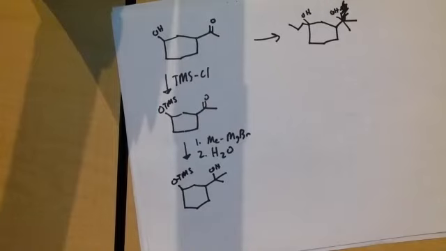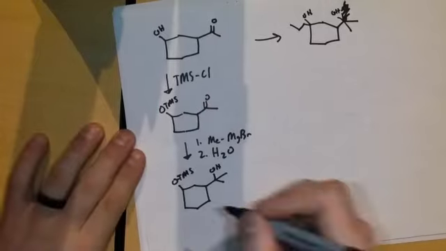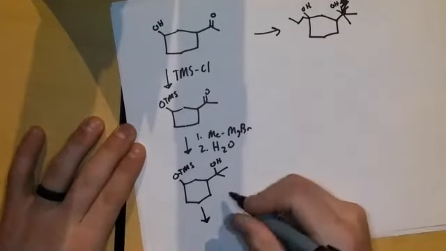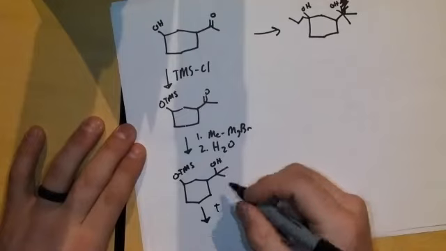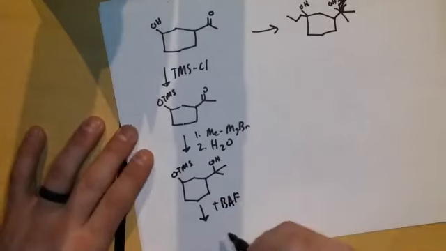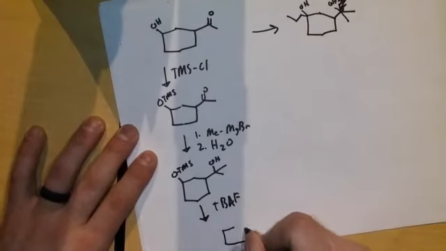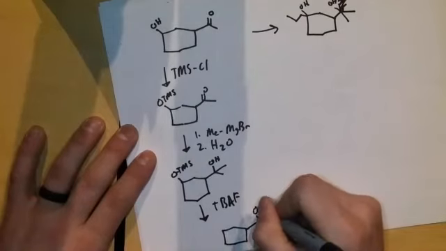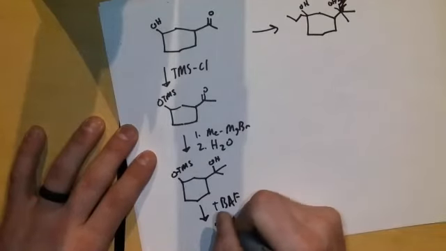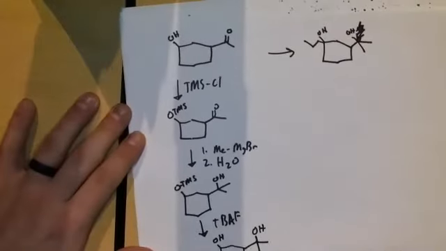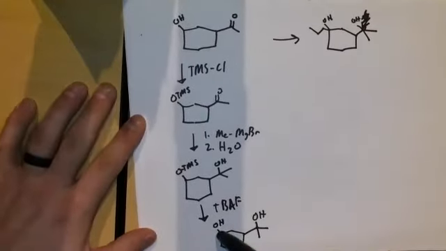From this point, we are going to want to remove this protecting group because there's not really much we can do with it on there. If I want to do a Grignard at this center, I need this to be oxidized.